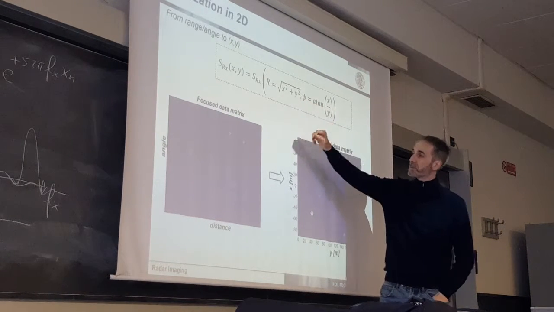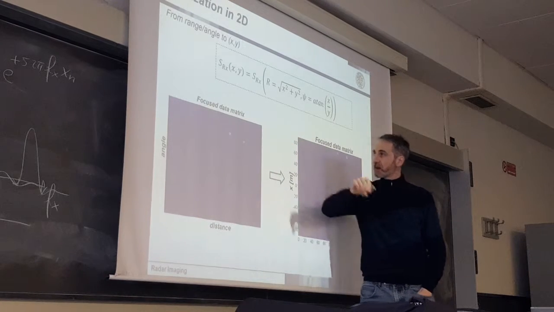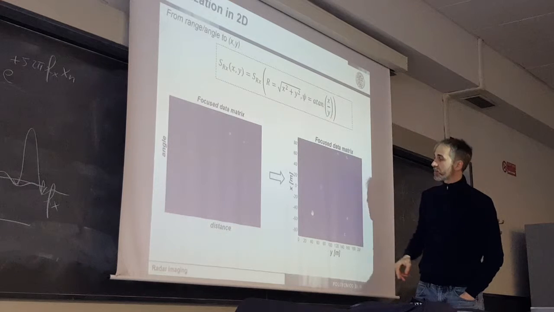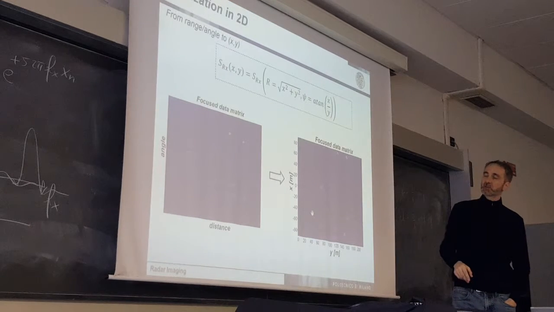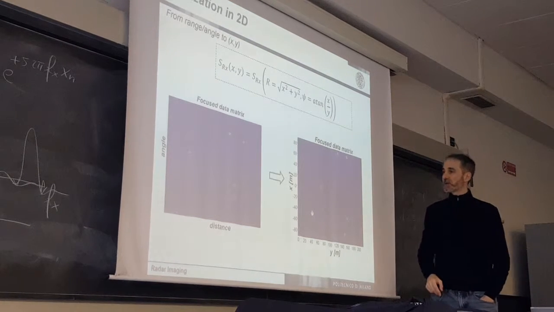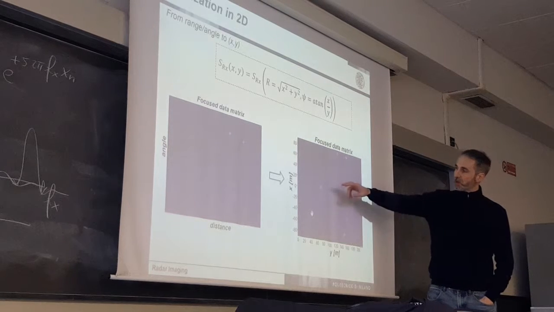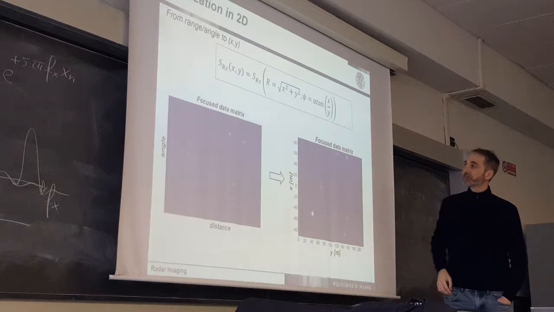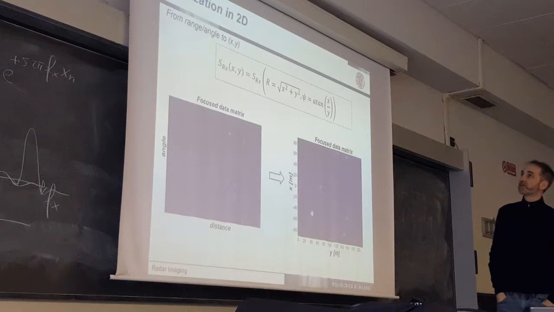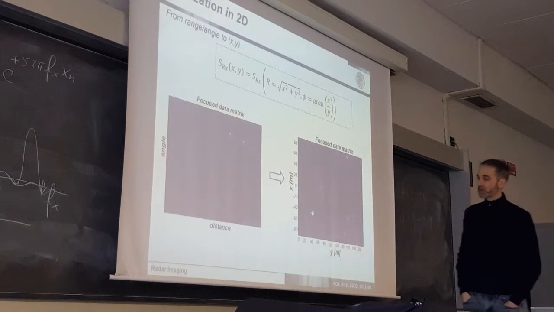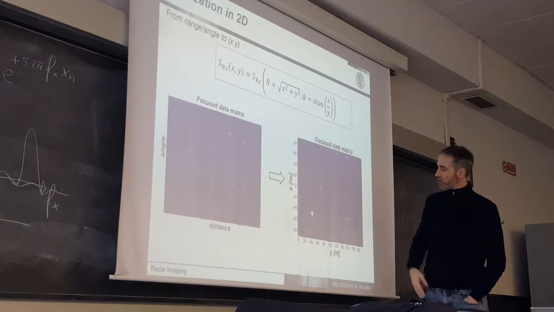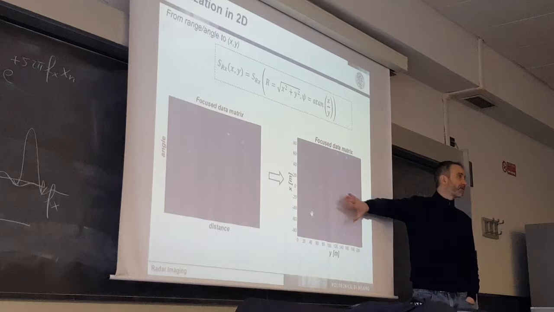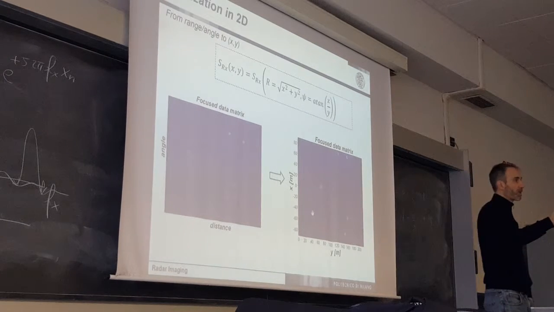So this is the image in distance and angle. The distance is given by the square root of the sum of the squares of the coordinates, and the angle is the arctangent of the ratio between the 2 coordinates. And so this is your image in the ground coordinates, x and y.